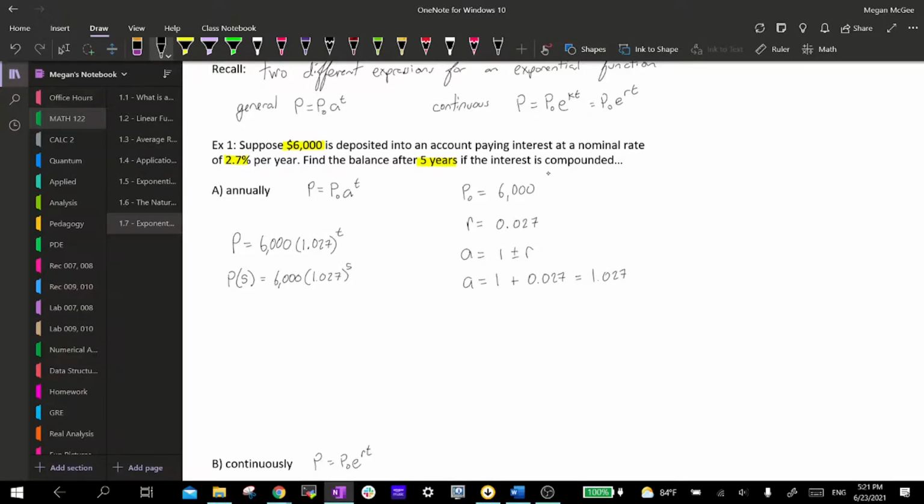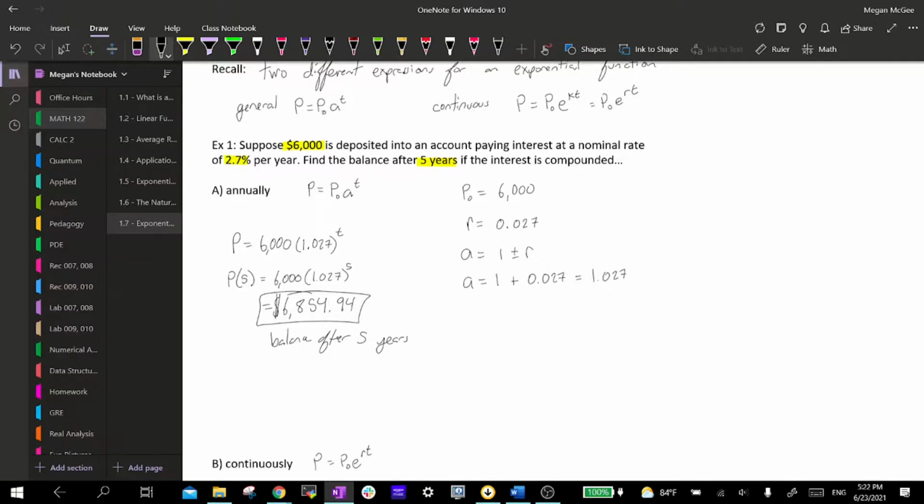And if we plug this into a calculator, we're going to get $6,854.94. So this is our balance after 5 years.